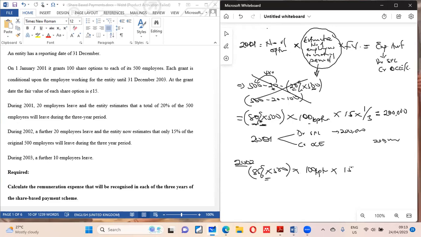So it will still be 15. And you multiply it by what? We are in the second year, so 2/3. But be careful when you do this. How much will you get? 0.85. You got how much? 425,000. Yes, please. All right, so 425,000.